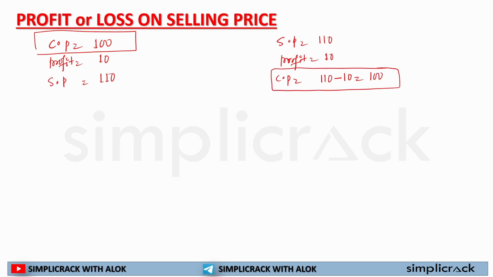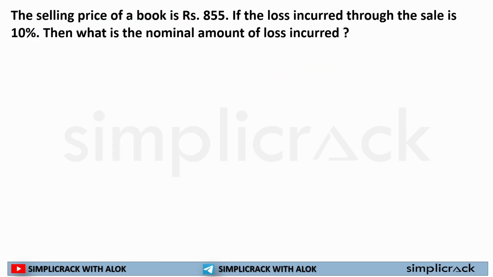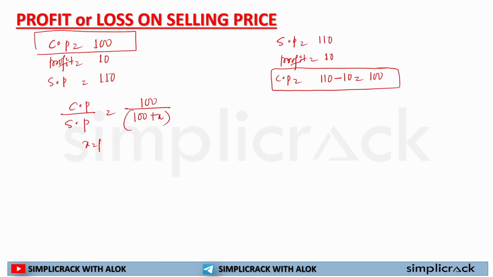And I know cost price divided by selling price is equal to 100 by 100 plus x, right? And x is my profit percentage. I know this. So remembering these 2 points will solve your next questions. You just need to remember these 2 things. Okay.